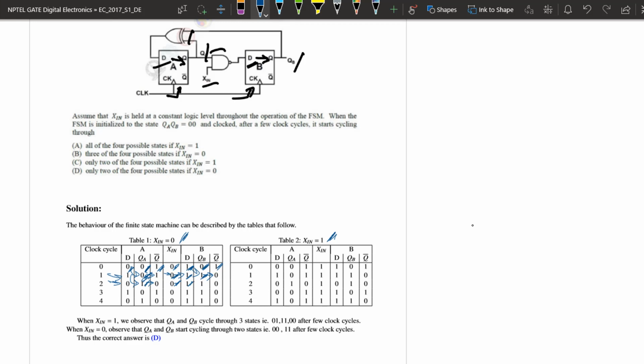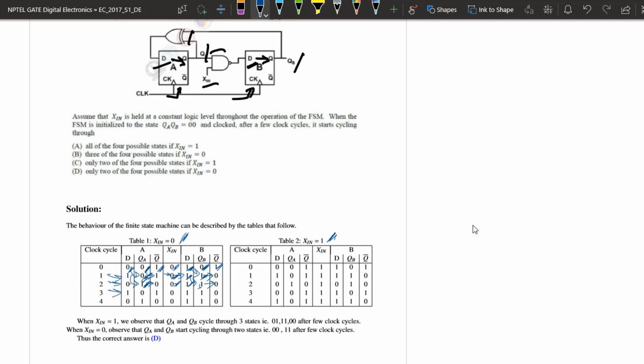QB is the previous clock cycle's D, that is 1, and Q bar B is the complement, that is 0. And DA is QA XORed with QB, which is 1 XOR 1, that is 0.